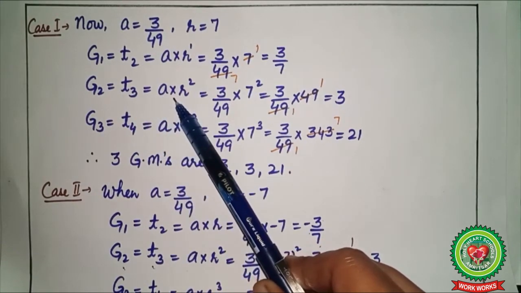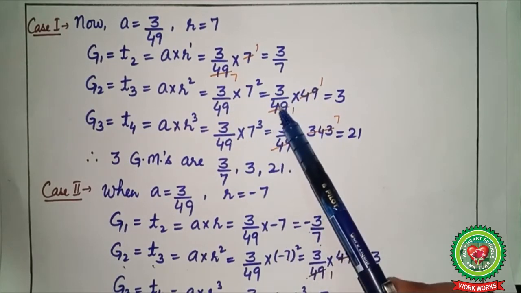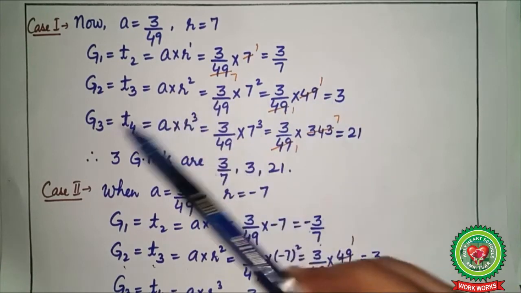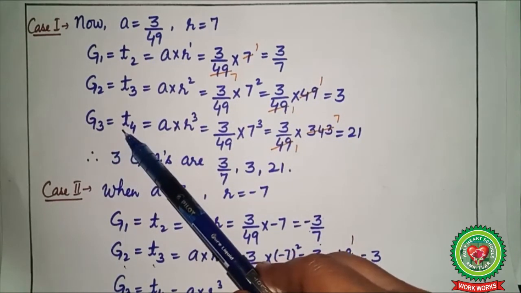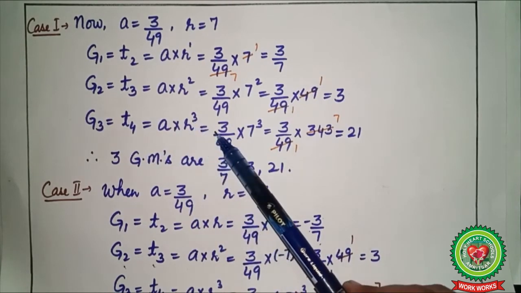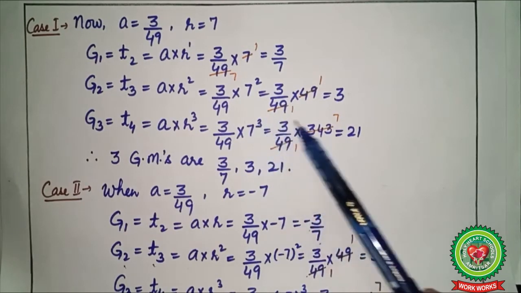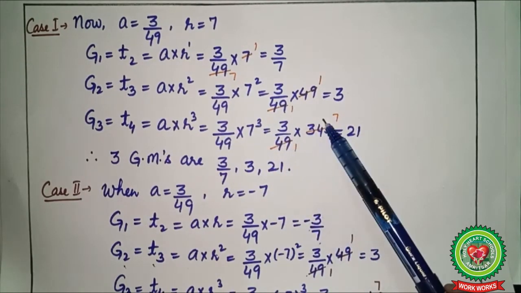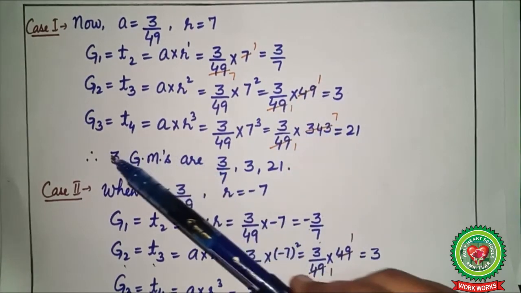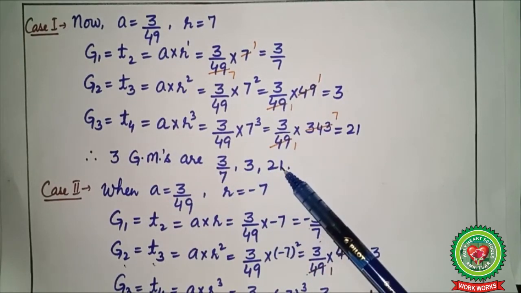The formula is A r square. 3 upon 49 into 7 square, that is 49 cancels with 49, so we are left with 3. The third geometric mean is equal to the fourth term of the GP. So A r cube is equal to 3 upon 49 into 7 cube, that is 343. After cutting we get 3 sevens are 21. So the 3 geometric means are 3 by 7, 3 and 21.